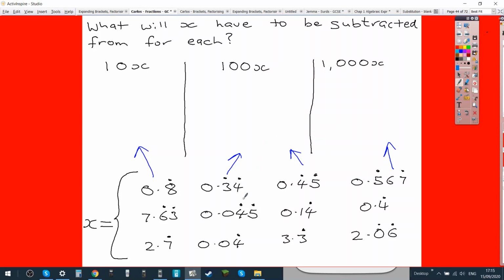Yeah. How about this one? Would it go to 1000x? That has only 2 recurring, so it's 100x. How about this one?